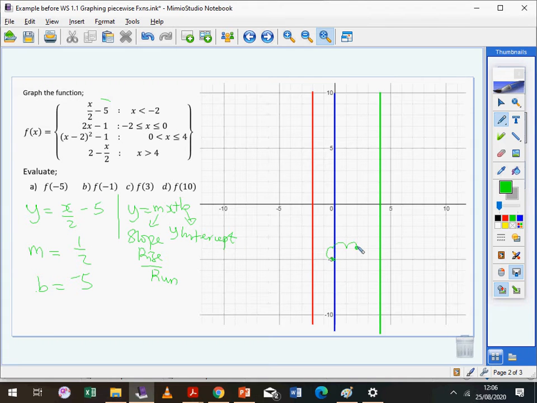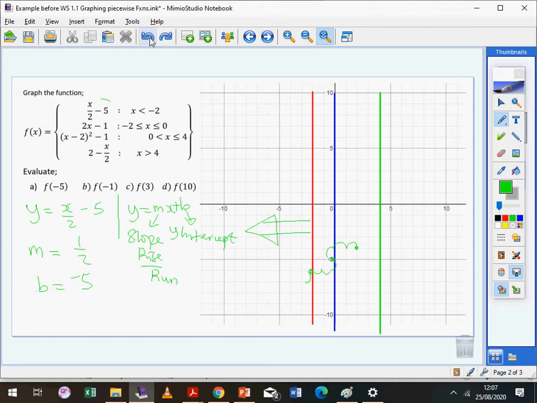But I can also go the other way, and instead of rise, I fall 1, and I still run 2 in the other direction to find the next point. I can repeat that process because I'm only interested in values in this section of the graph. So again, I will drop 1 and then run 2.